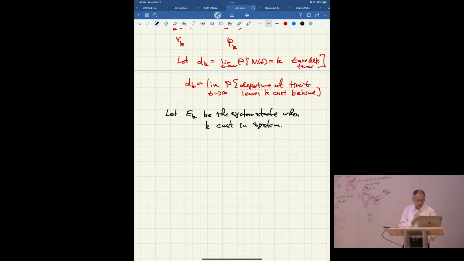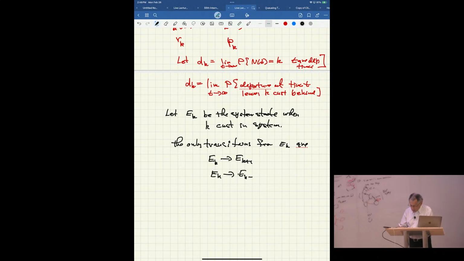Now, the only transitions from this state, I'm in state k in an M/G/1 system, okay? The only transitions from E_k are the following. I can go from having k to next having k plus 1, or I can go from k to next having k minus 1. Customer leaves or arrives.